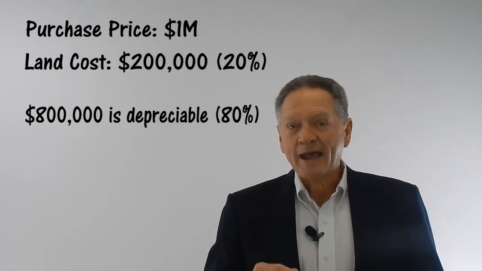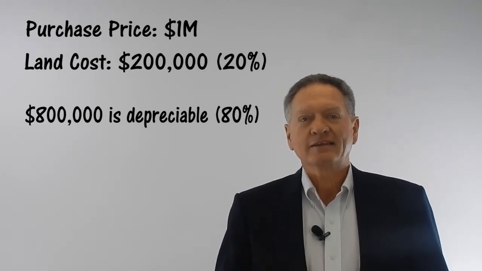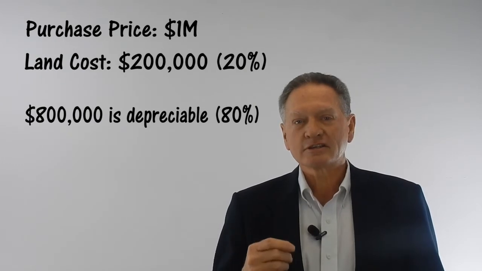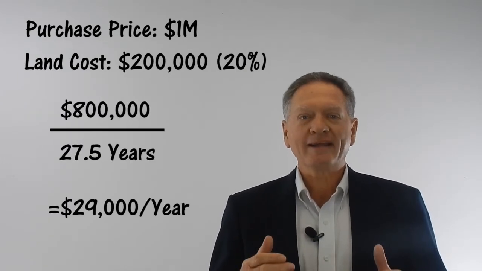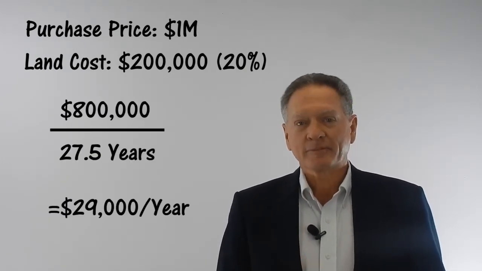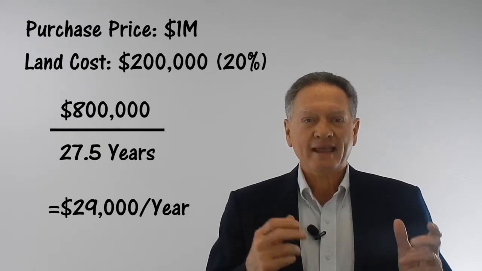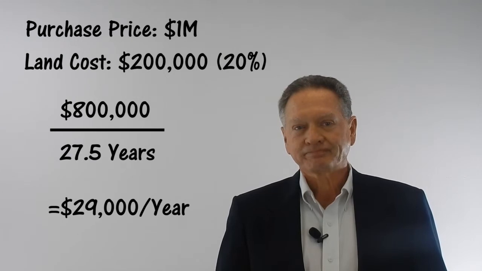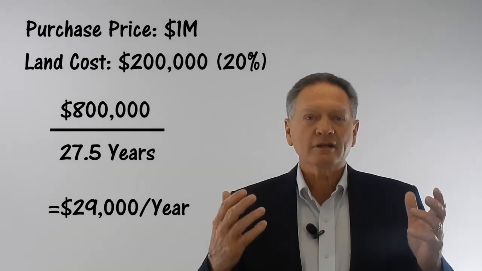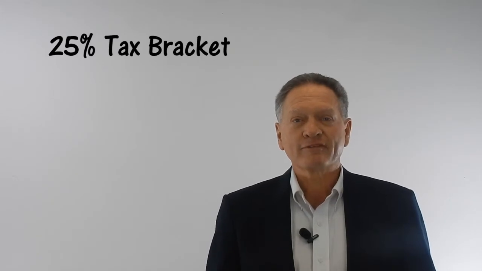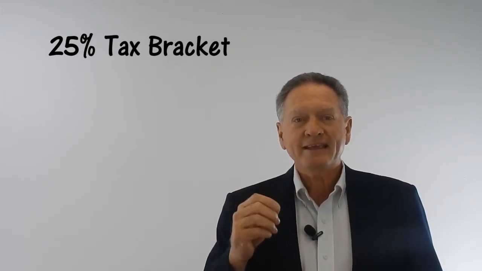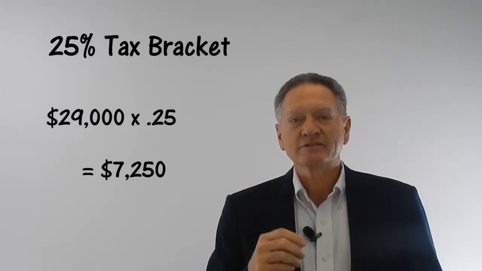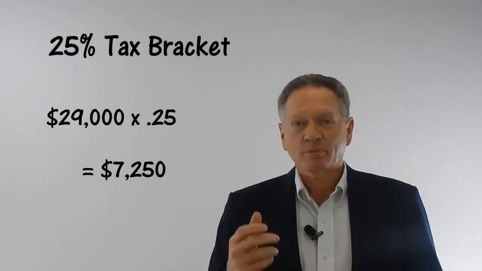So without cost segregation techniques, you can use a depreciation expense of around $29,000 each year, which comes from taking $800,000 divided by 27.5 years. So using a guesstimate of a person's marginal tax bracket, let's say 25%, means you get to keep around $7,200 each year in taxes, which is perfectly acceptable.